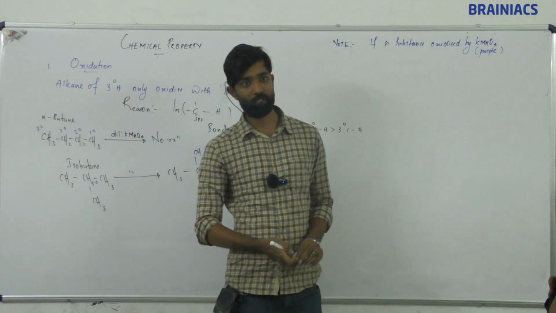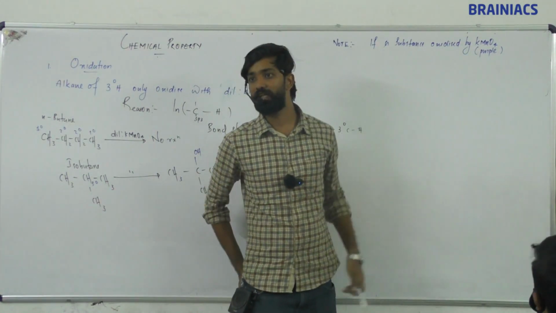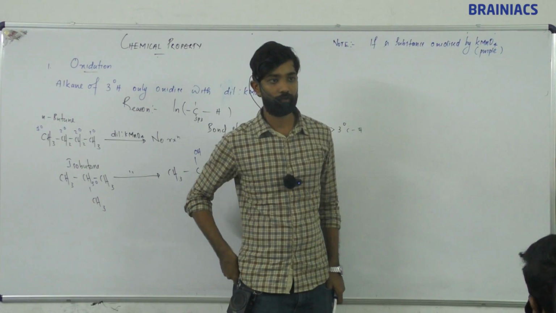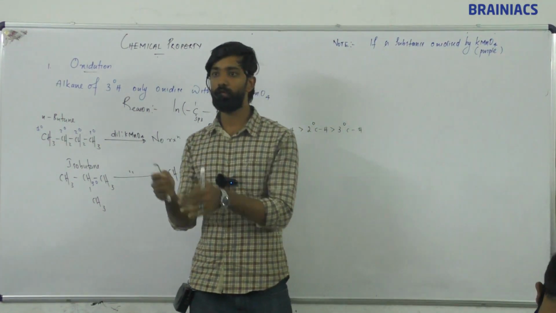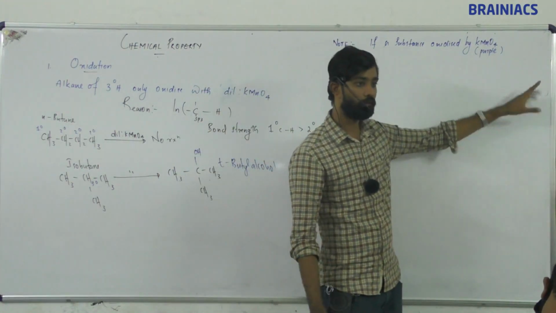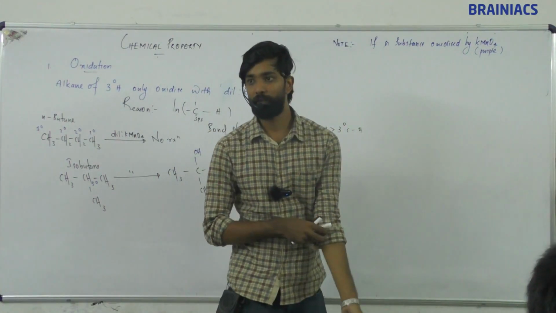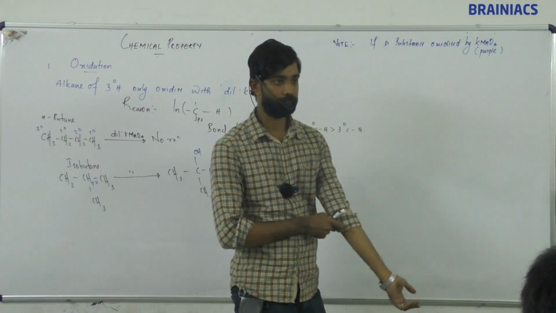If it acts as an oxidizing agent, it itself is reduced, agreed. KMnO4 is reduced, so its purple color will disappear.